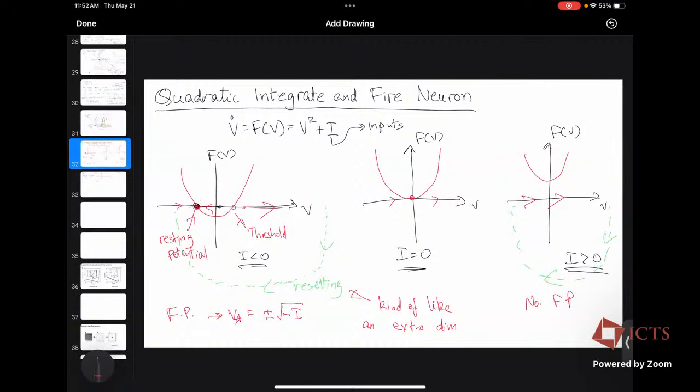So if instead my dynamics lived not on the real number line, where if things go to infinity they can't come back, but were described on a circle, then I will automatically have some sort of resetting.